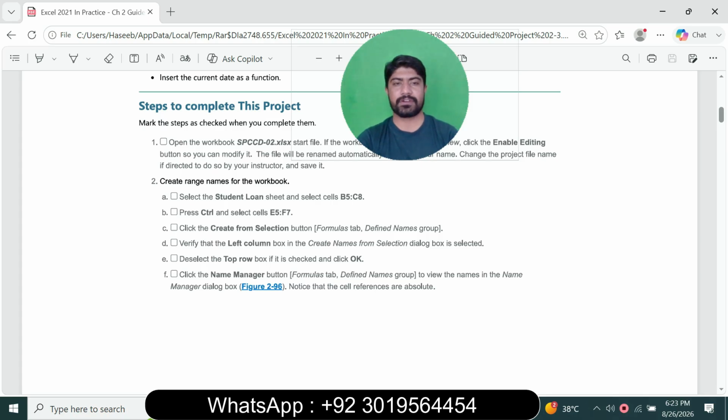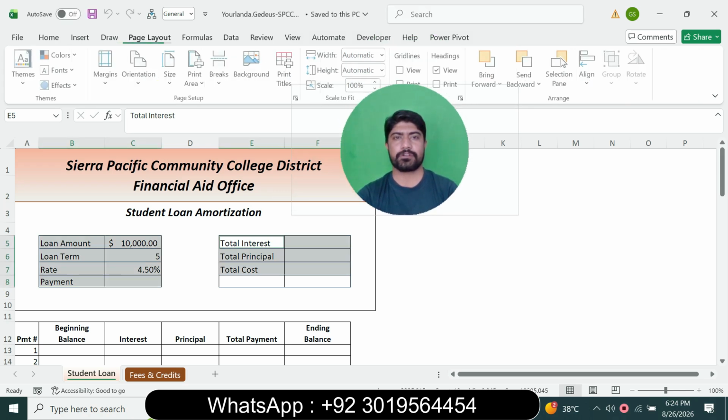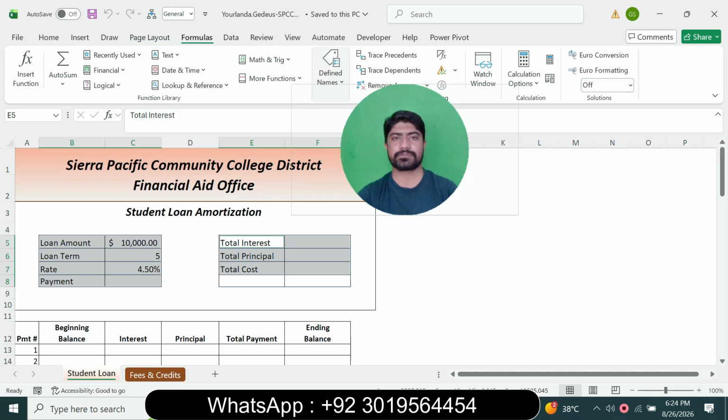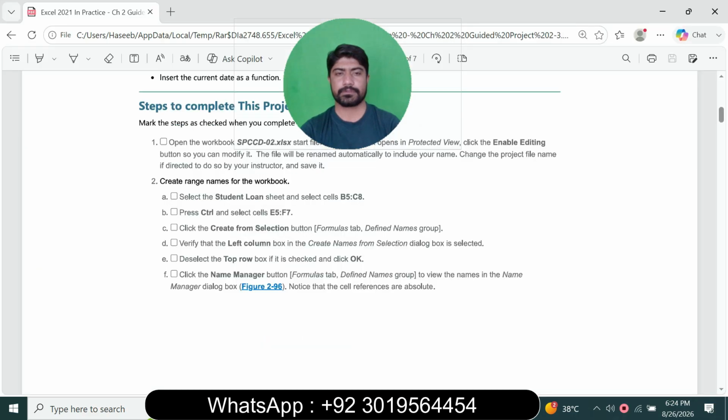Next, with E5 to F7 selected, click the Create from Selection button on the Formulas tab, Defined Names group. Go to the Formulas tab and click Create from Selection.